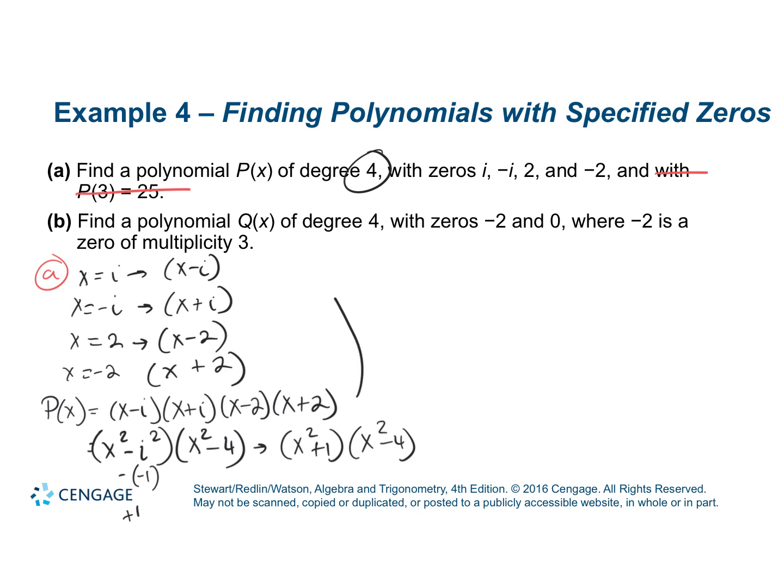I'm going to get x to the 4th minus 4x squared plus x squared minus 4. So we're going to get x to the 4th minus 3x squared minus 4. Here you've already solved the polynomial, and that would be your solution. P of x equals x to the 4th minus 3x squared minus 4.